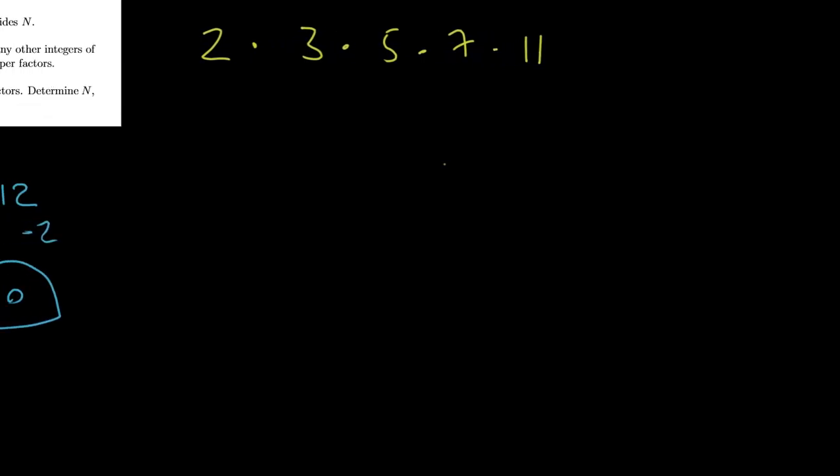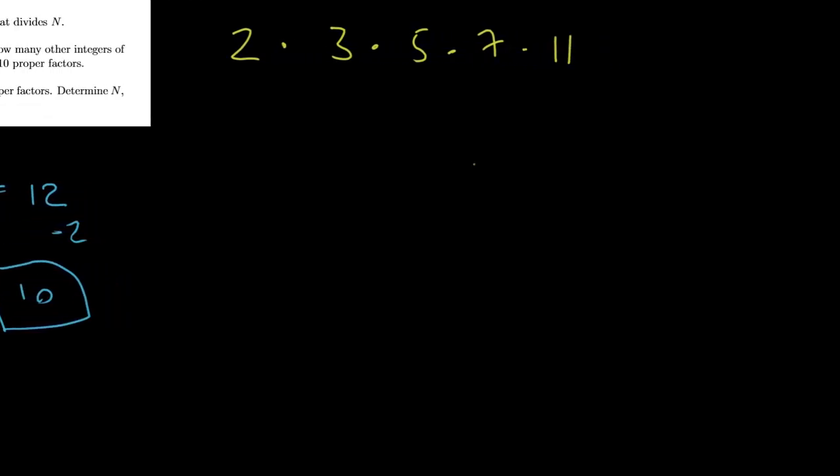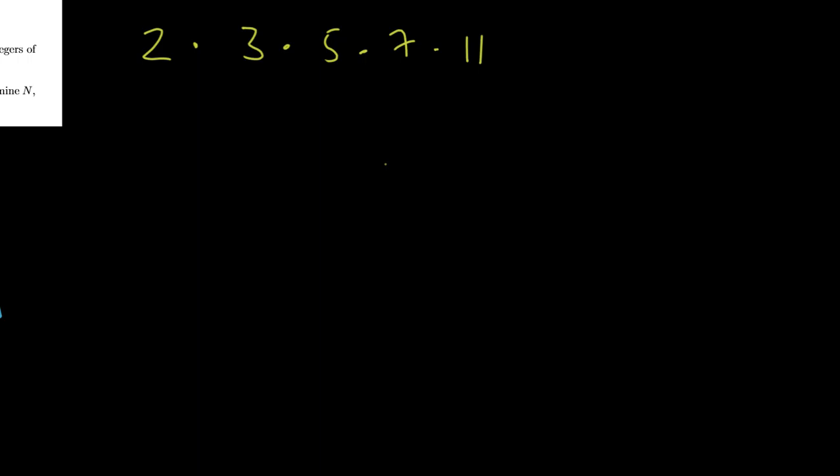Well, if we have any integer, it's going to be made up of the prime numbers in some way. I don't really know what these primes are going to be. So let's call them p1, p2, whatever, up to pn for the last one.